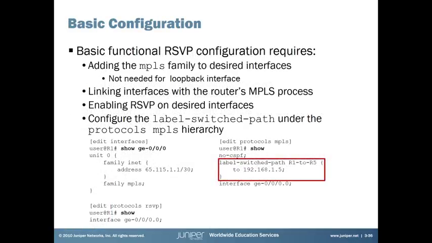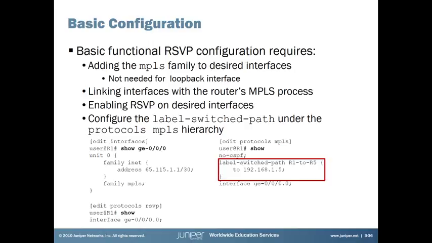Okay, so here we have our functional RSVP configuration. We need the MPLS family on the required interfaces, on the loopback interface, linking interfaces with the router's MPLS process, enabling RSVP on the desired interface, configuring label switch path under the protocols MPLS hierarchy. So let's look at our interfaces.